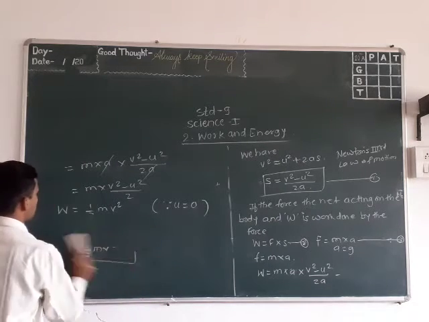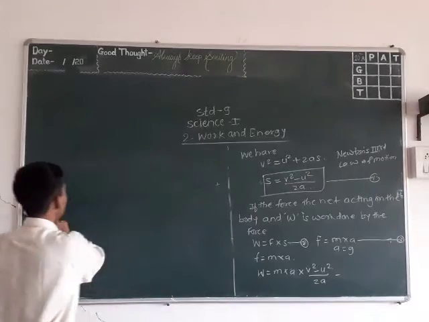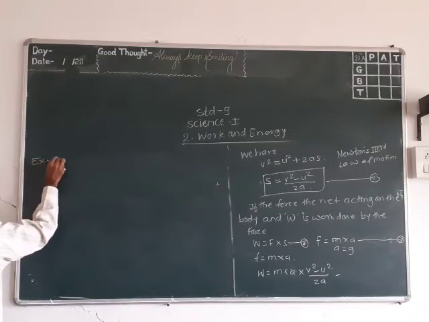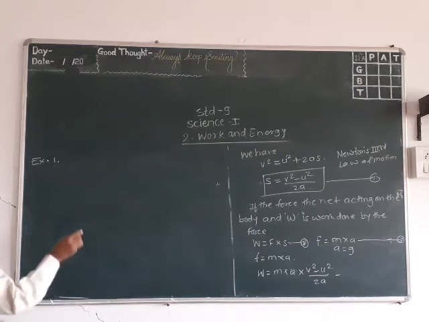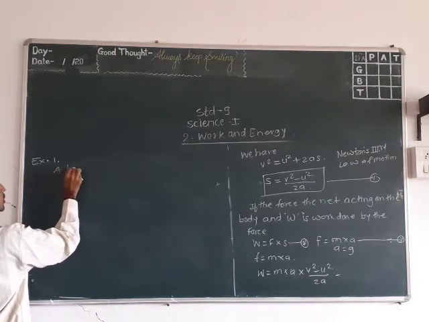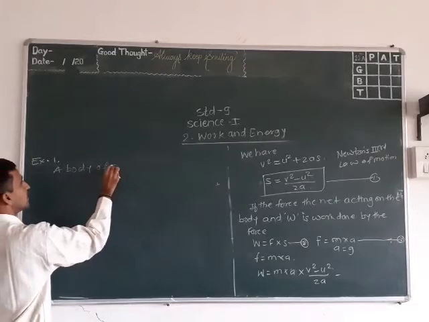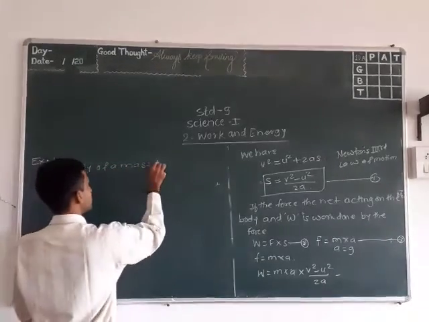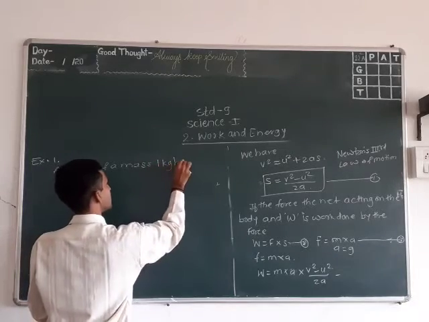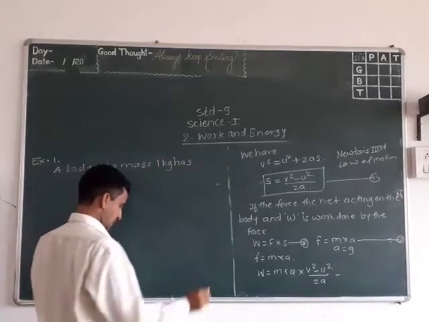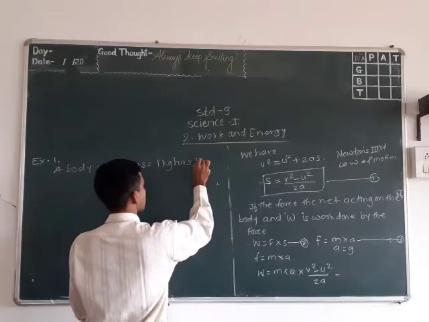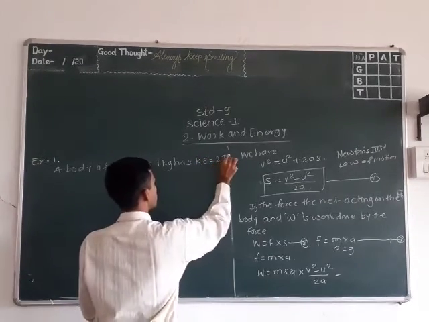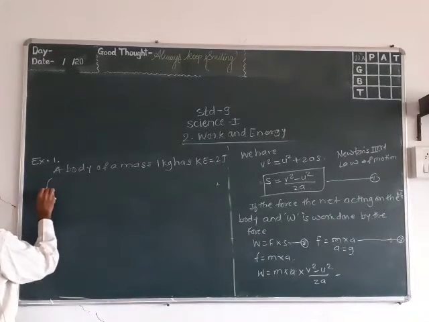Next is the example of kinetic energy. First example: a body of mass 1 kg has kinetic energy equal to 2 joules.